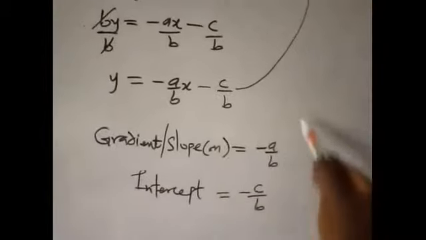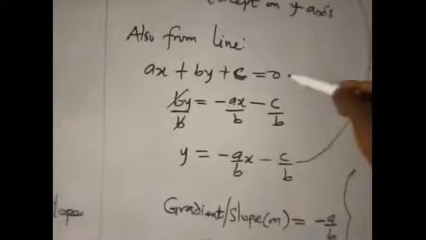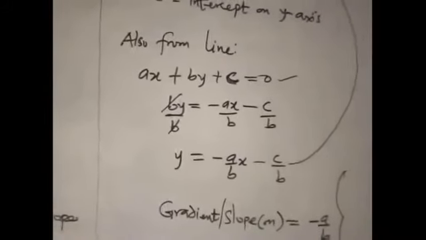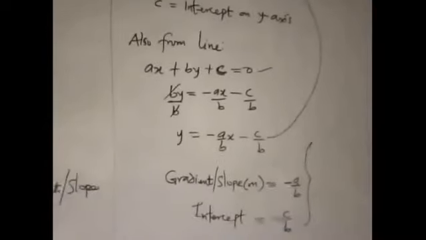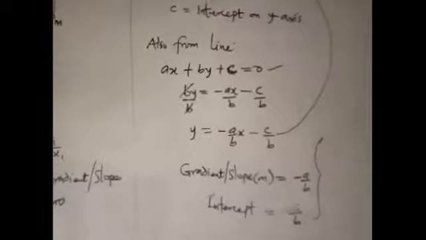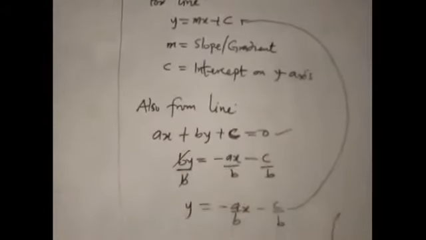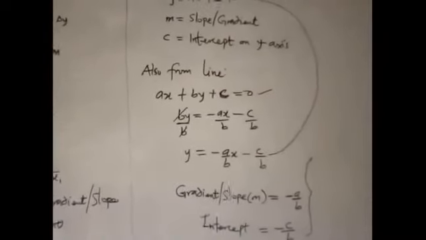So we apply this when we are given an equation in the form of ax plus by plus c equals 0, and we want to find the gradient and intercept. What we need to do is to make y the subject of the formula and compare it to the general equation of a straight line, y equals mx plus c. From there, we can get our slope and intercept.